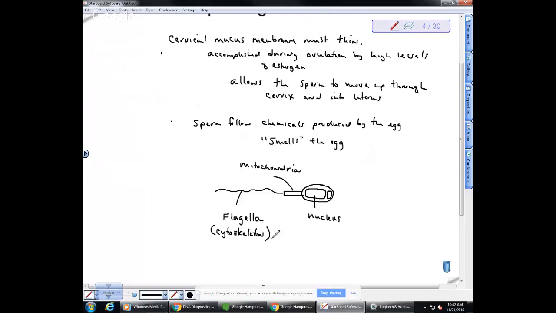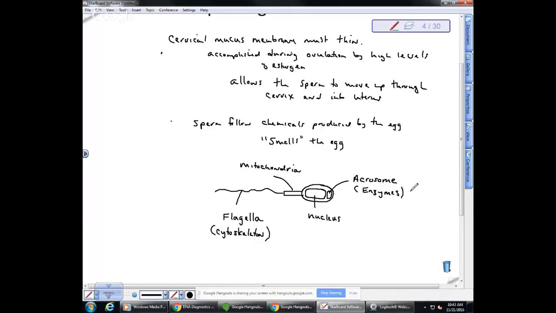Now, another structure which is really important is this right here. And this is an organelle in the sperm's head, which is called the acrosome. And this contains enzymes. Because if you remember, the egg is surrounded by cells, the corona radiata, and it's also surrounded by a glycoprotein, the zona pellucida.